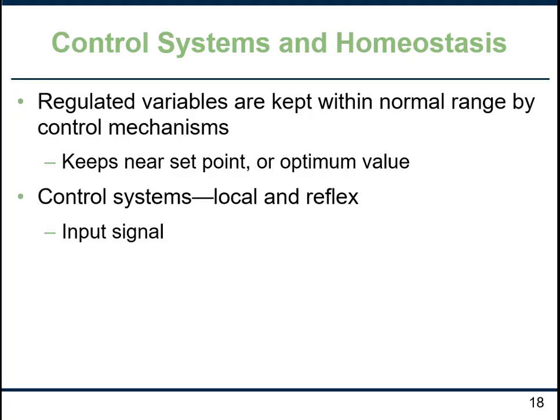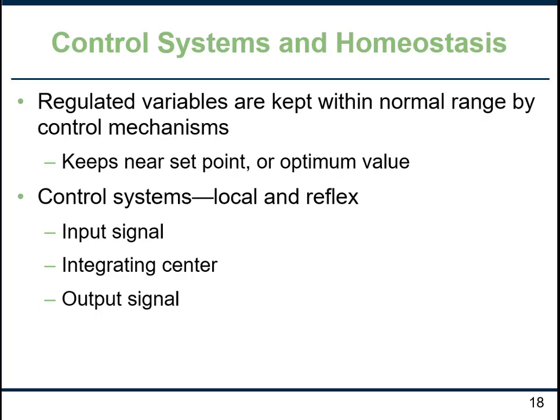To control these, you need an input signal, an integrating center, and an output signal. Now, what does this mean? What this means is that for an input signal, you need to have cells that can understand what they're looking for.